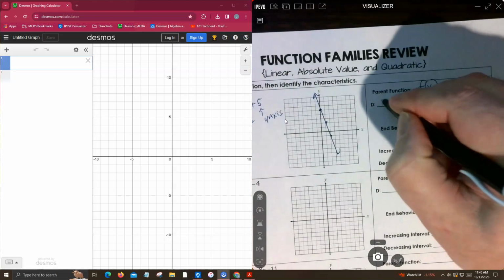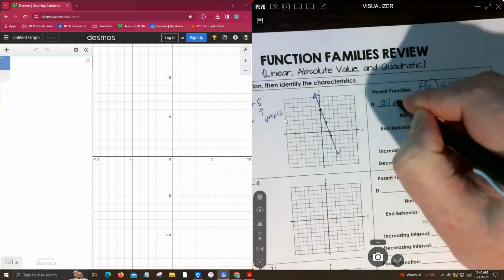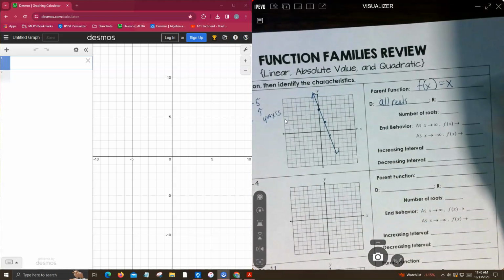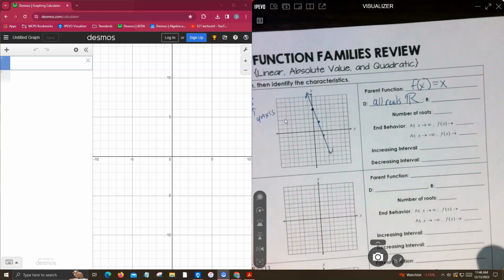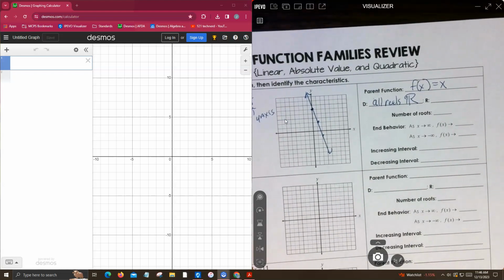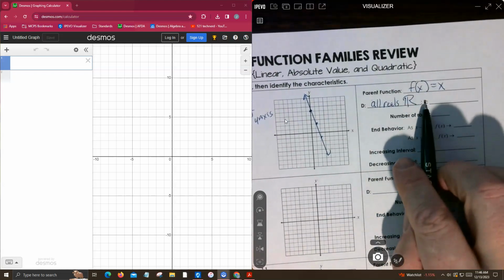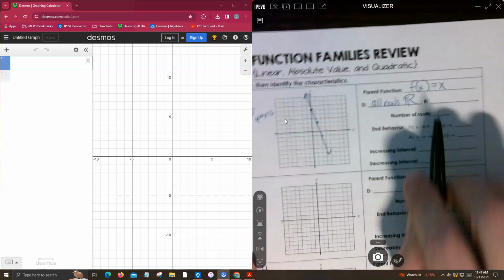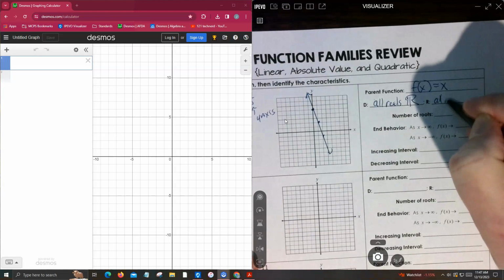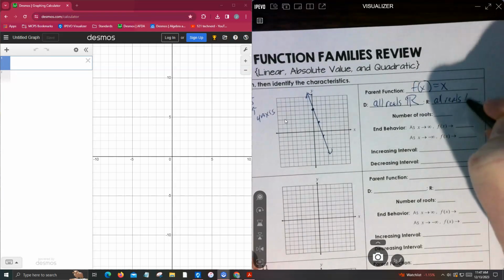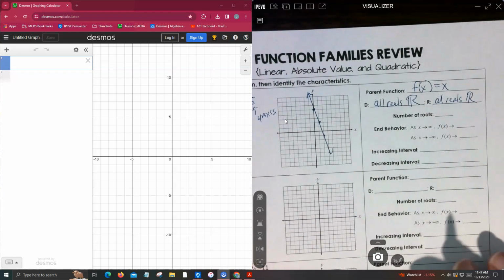So this would be all reals. You could use that little funny symbol, which means all reals in mathematics. Not to be confused with this R, which means range. In the range, y is allowed to be whatever it wants as well. It has no limits. So both of them are all reals.